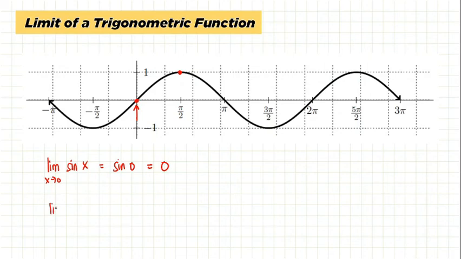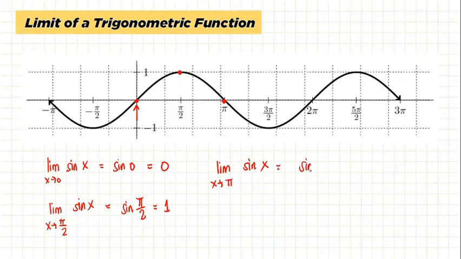The limit of sine x as x approaches pi over 2 is also the same as sine pi over 2, and that is equal to 1. If we have pi here, the limit of sine x as x approaches pi is the same as sine pi, and that is equal to 0.